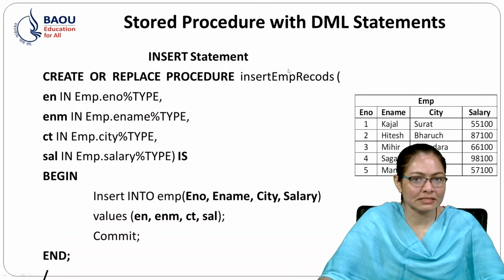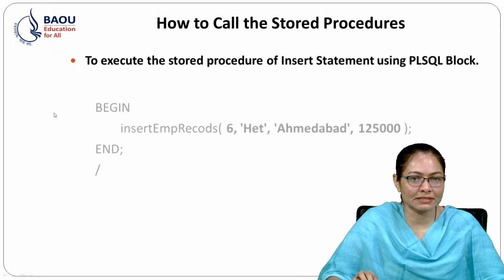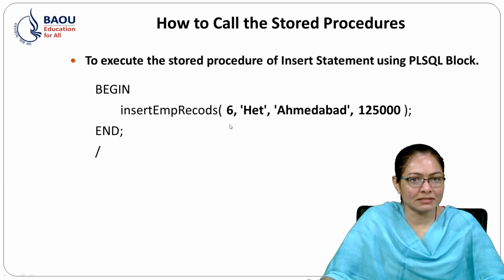This one is the procedure name, and the variable values are provided by this calling statement. 6 is stored in EN, 8 is stored in ENM, the employee name, Ahmedabad is stored in the city variable, and 1,25,000 is stored in the salary variable.